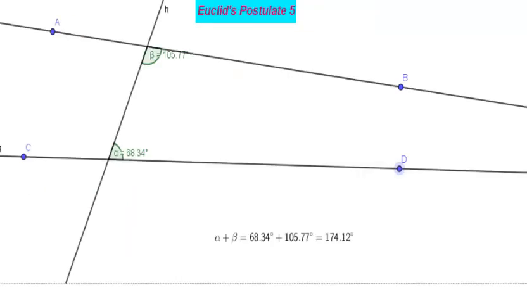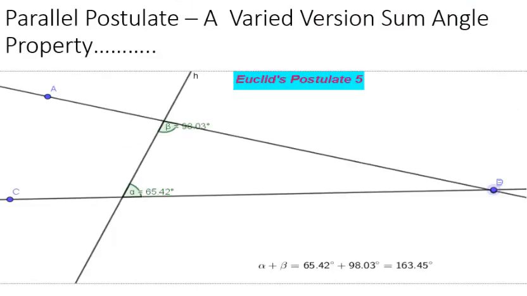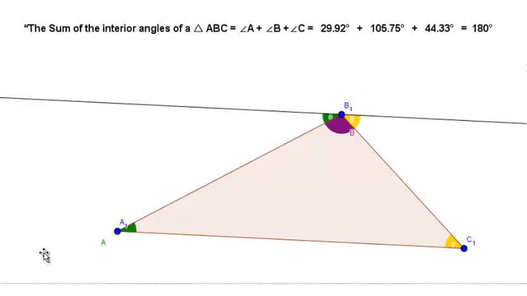So can we just try and see if the lines are meeting? Yes, they are meeting. Can I form a triangle using it? Yes, so we form a triangle. Honestly speaking, when mathematicians were trying to prove the parallel postulate, it was realized that the parallel postulate itself was another version of the angle sum property.